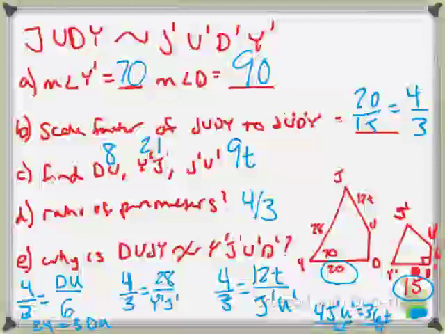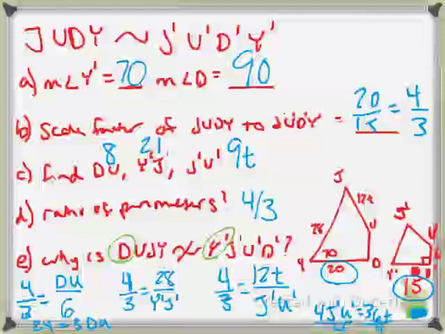What does the order of the letters tell us? It tells us what angles should match with what angles. So when it's written this way, that means that angle D should be matching up with angle Y prime.